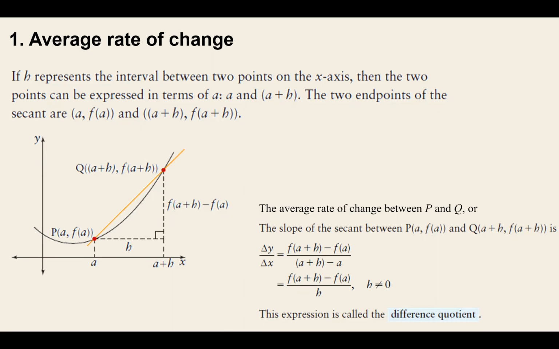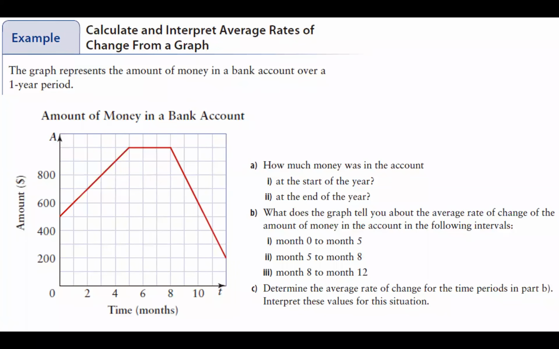Okay, then let's see some examples to illustrate this concept. First example, calculate and interpret average rates of change from a graph. So suppose we have a graph that represents the amount of money in a bank account over a 1 year period, as shown here in this graph. So there are 3 questions you need to consider. Question A, how much money was in this account at the start of this year and at the end of this year?